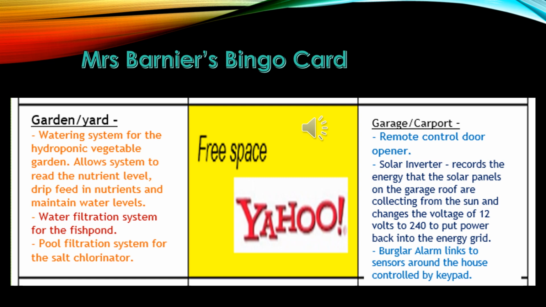It also has to have a nutrient level, which is the food that feeds the seedlings, and it needs to be running constantly on a timer. And so therefore the system measures nutrient levels, the system measures the water levels, the system measures the amount of evaporation of the water. And so therefore the system helps to keep the hydroponic, hydro meaning water, system for our vegetables going.